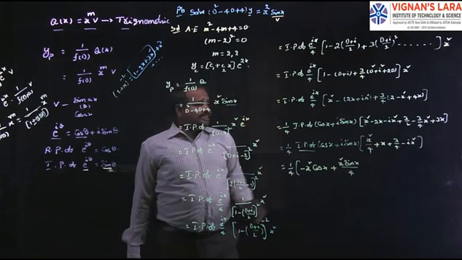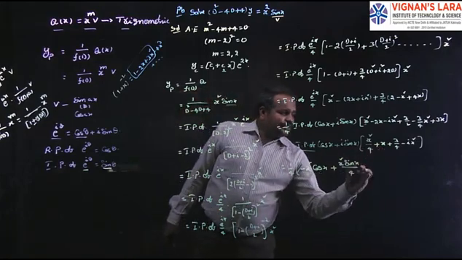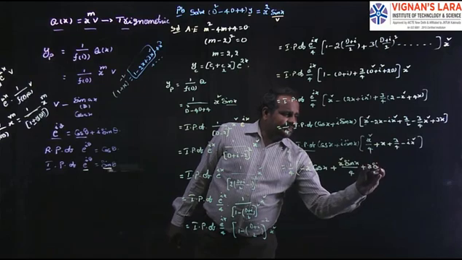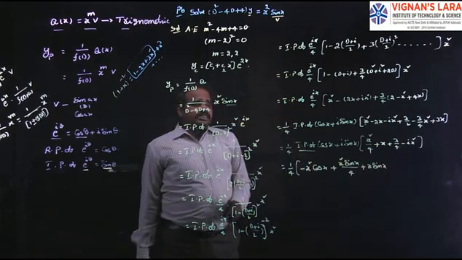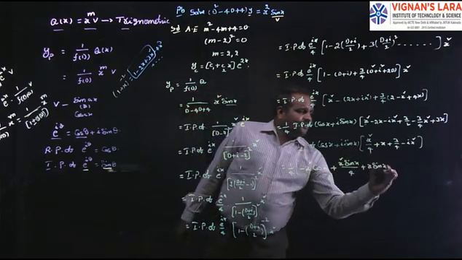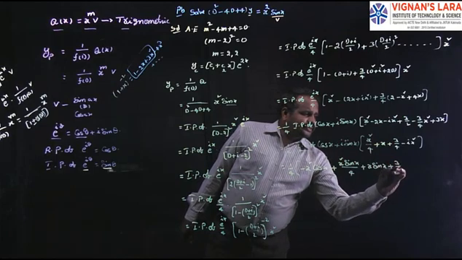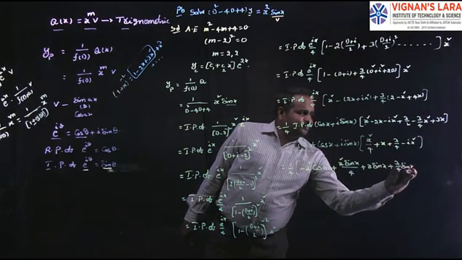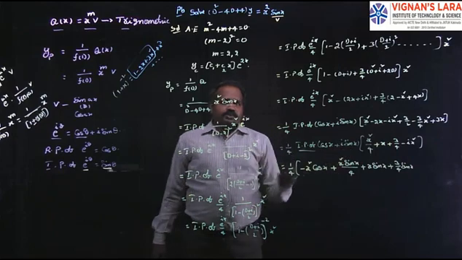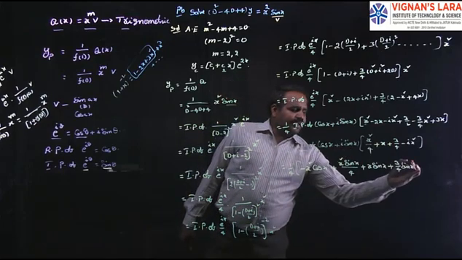What is the next term? x into sin x. What is the next term? 3 by 4 into sin x. The last term i into i square does not have i, so don't write that one.